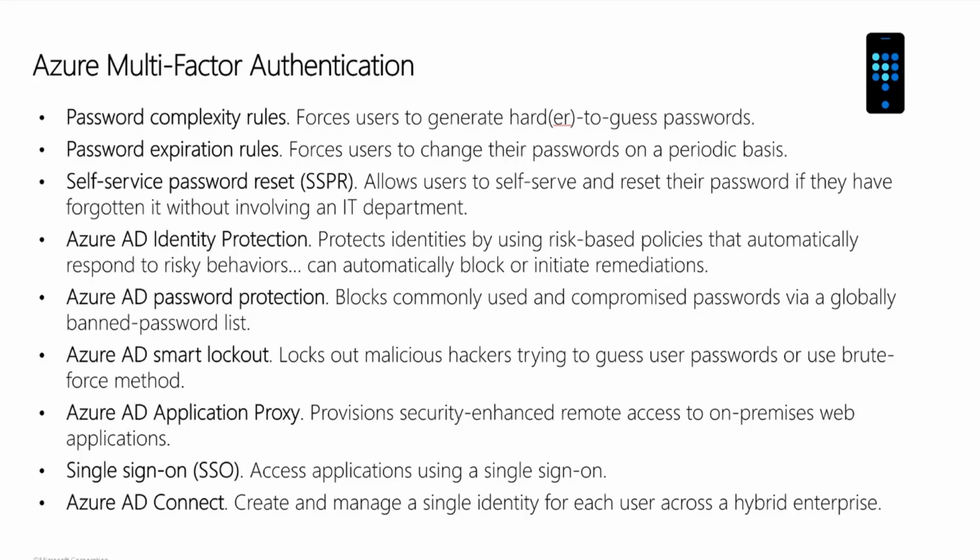SSO: you can use single sign-on to access your applications, which includes thousands of pre-integrated SaaS apps. Azure AD Connect: create and manage a single identity for each user across your hybrid enterprise, keeping users, groups, and devices in sync. These are all great options which deter someone from guessing or brute-forcing a password.